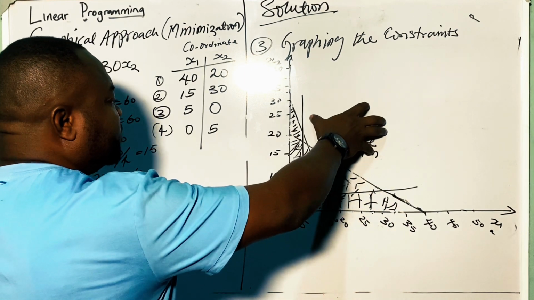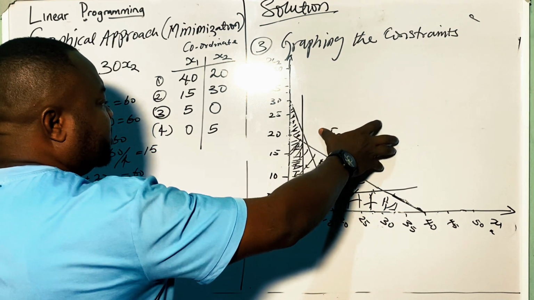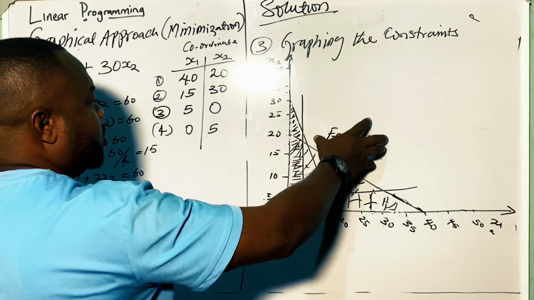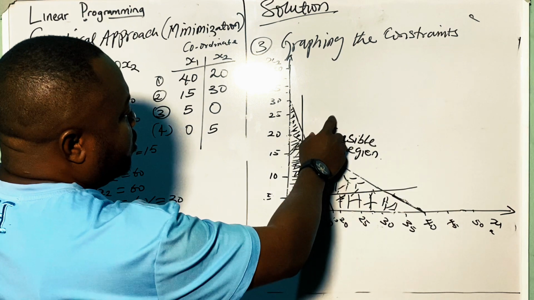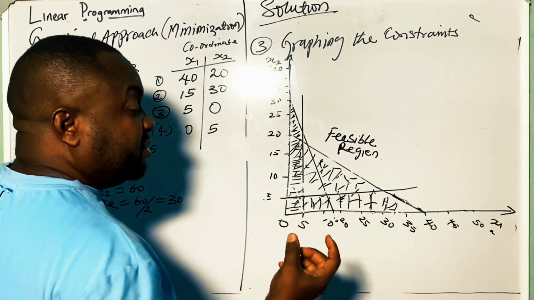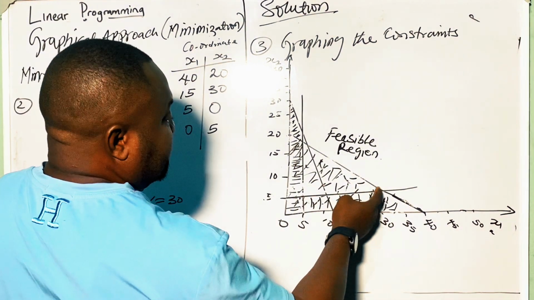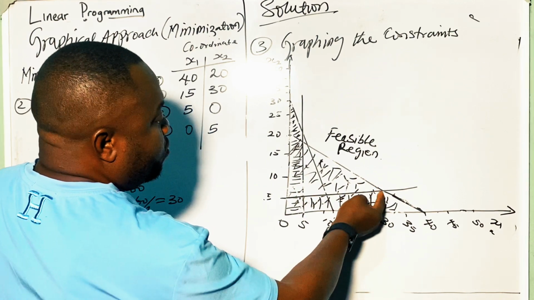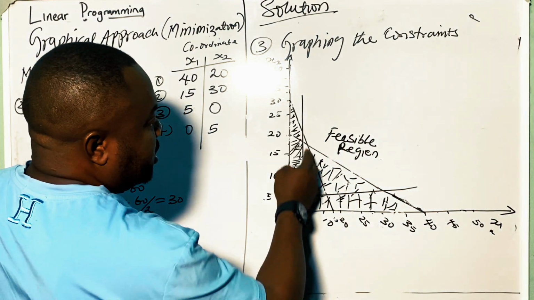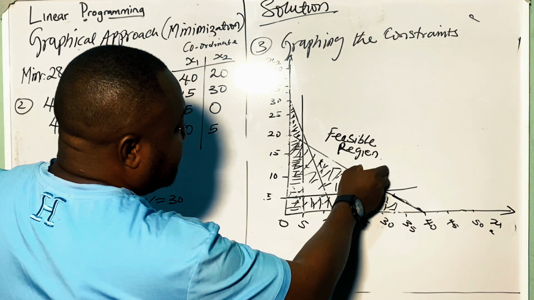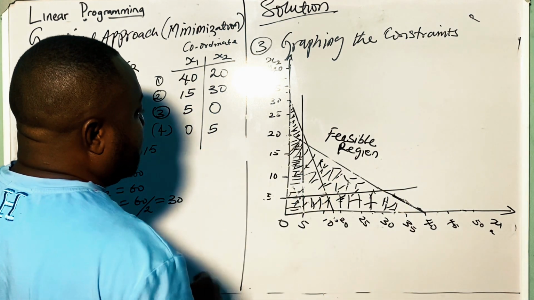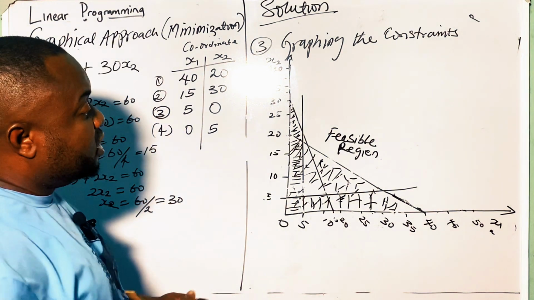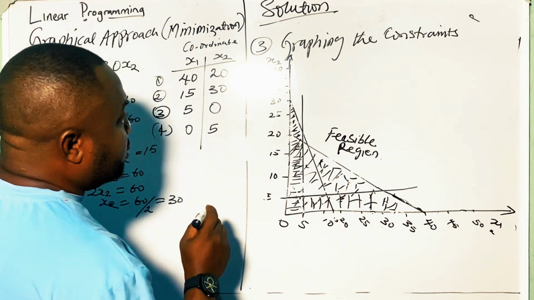This is where the optimal production combination will come from. Any point within the feasible region will give you a combination, but it has been proven that the optimal combination plan will come from the extreme corner points. For this particular case, we have one, two, and three extreme corner points. So we will be testing the extreme corner points only.